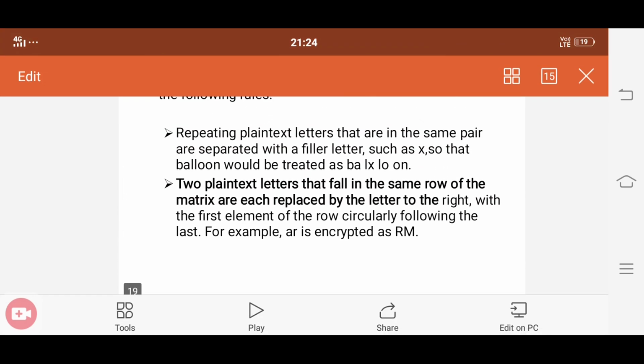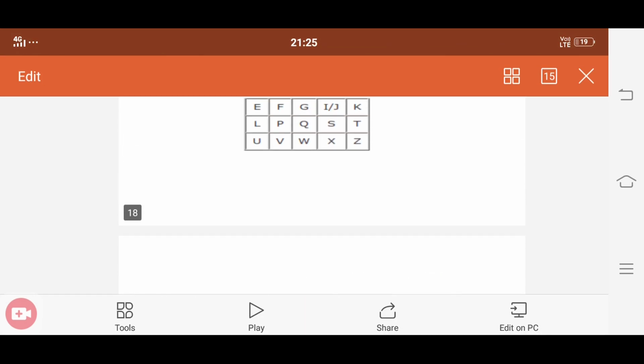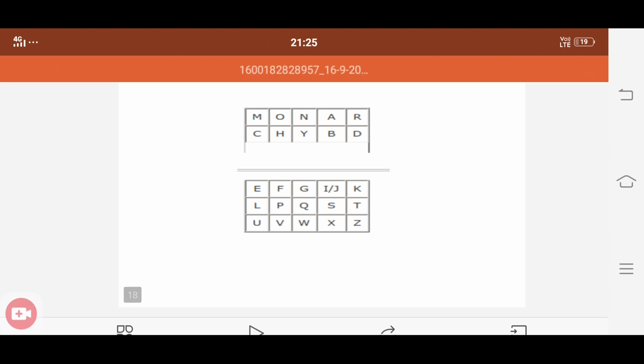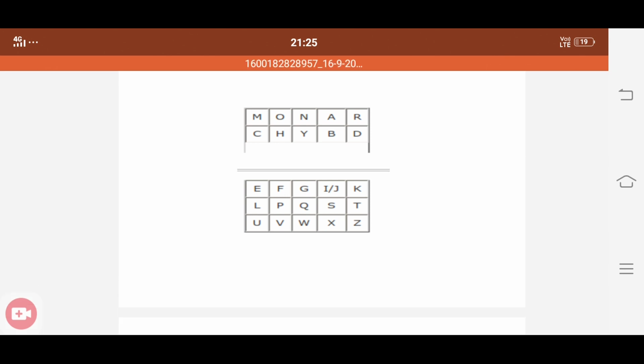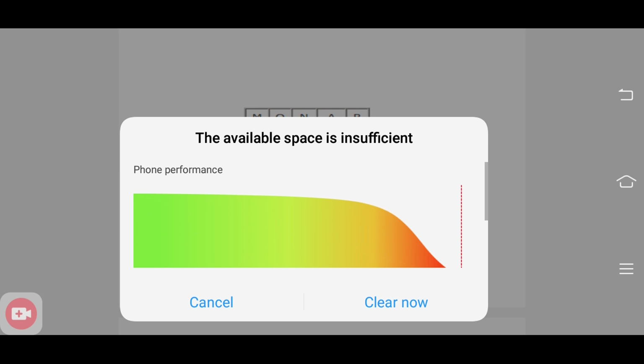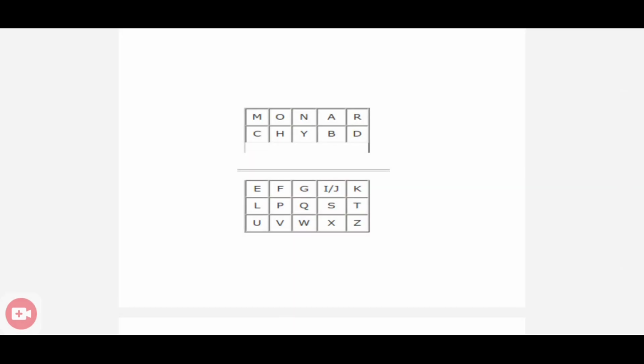You can check in this matrix, UM are in the first column, U in the last cell, then M. So this acts as a single unit, and UM is replaced by the letters beneath the original text.